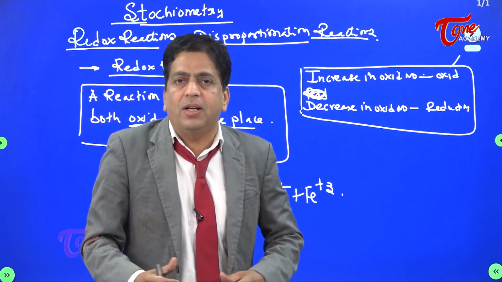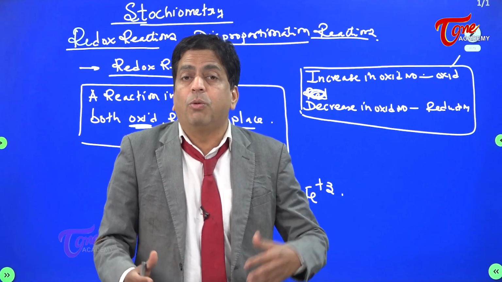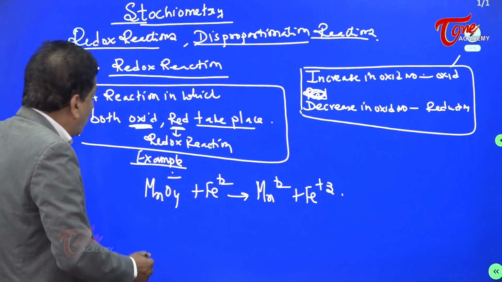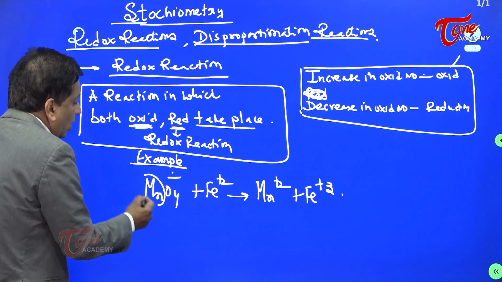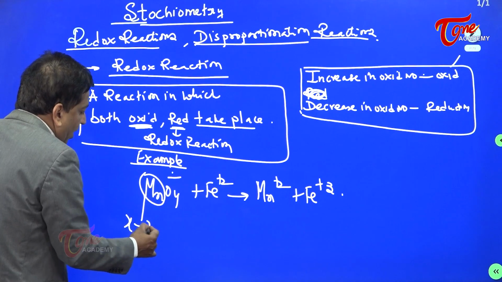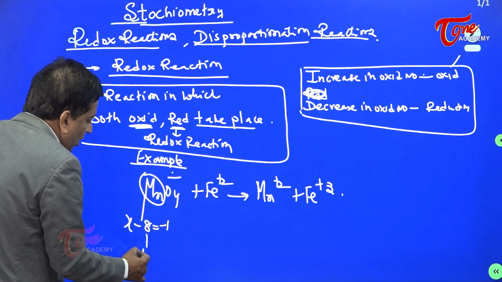Now we have to check whether it's a redox reaction or not. A reaction in which both oxidation and reduction take place is nothing but redox. So you just calculate the oxidation number of manganese here. It's basically x, minus 2 into 4 is minus 8, minus 1. So the oxidation number of manganese here is plus 7.